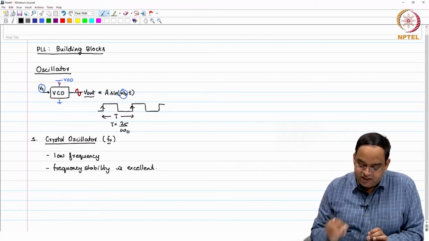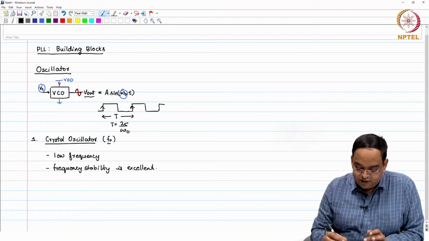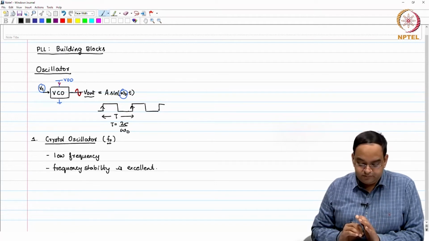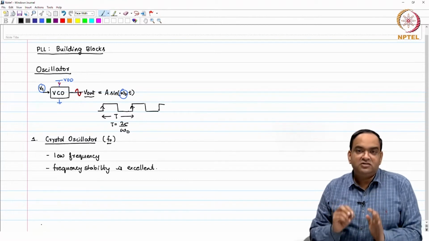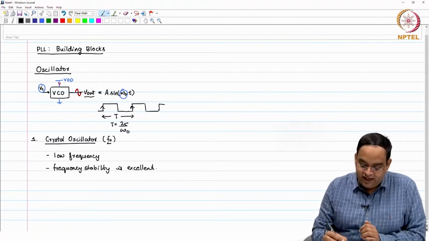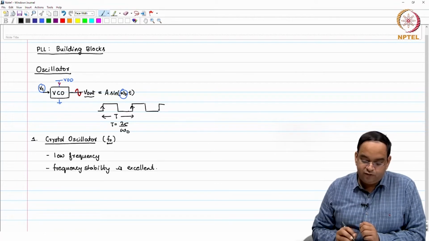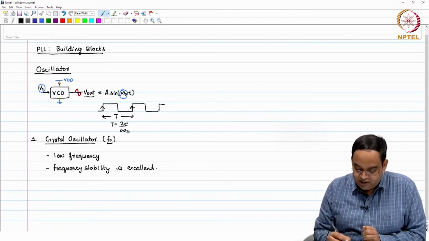We are not applying any sinusoidal input to the system. This is the oscillator standalone, it has its frequency output at F0, but F0 can vary.